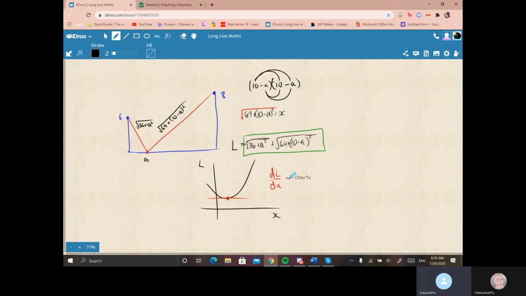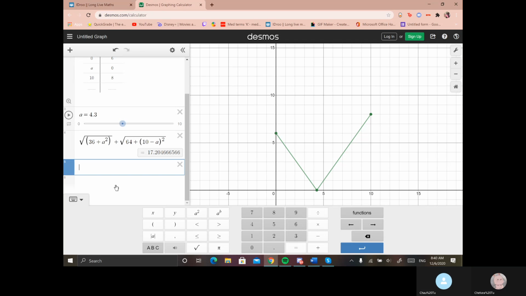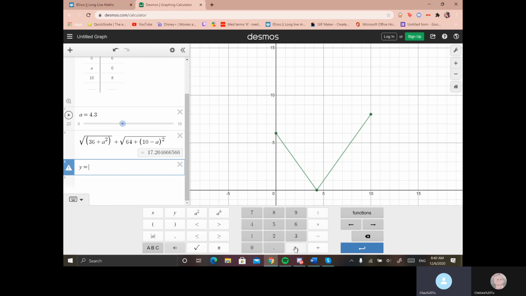So if you draw this graph in Desmos, jump back to Desmos and draw the graph of L versus x. I'll show you what I mean later. Go on, jump back to the new input. Okay, so now draw the graph. Y equals. Remember, the y-axis will represent our length. So y equals. Yeah, y represents a length.